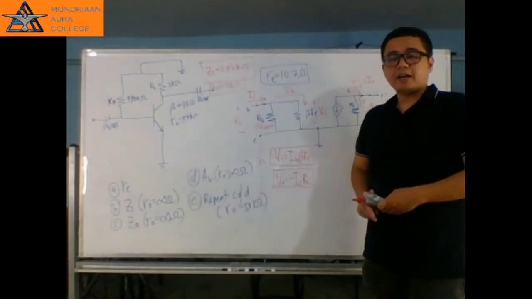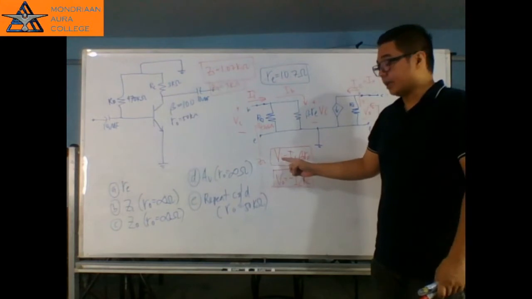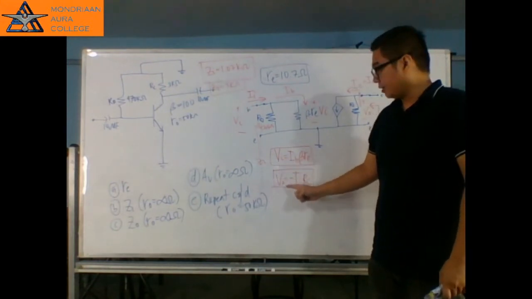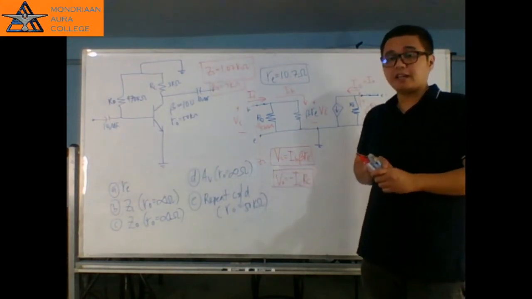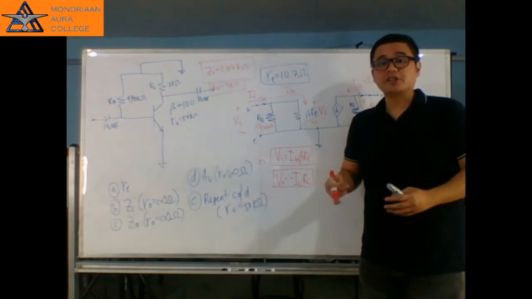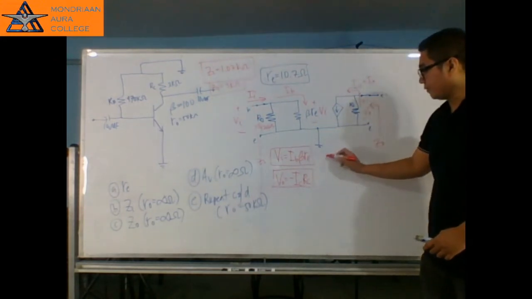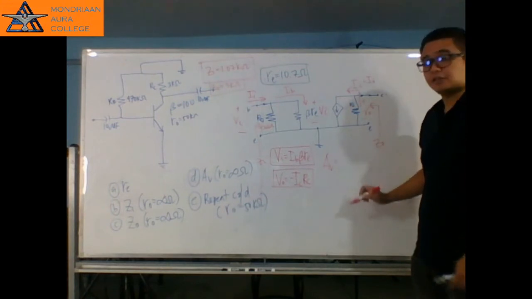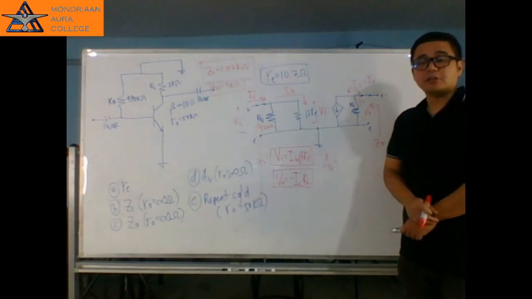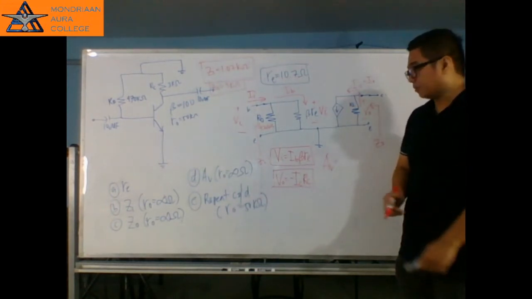Now that we have defined the equations for the input AC voltage and the output AC voltage, pwede na nating makalculate ngayon yung ating voltage gain. So we have A sub V, which is the voltage gain. That's just equal to the output voltage divided by the input voltage.